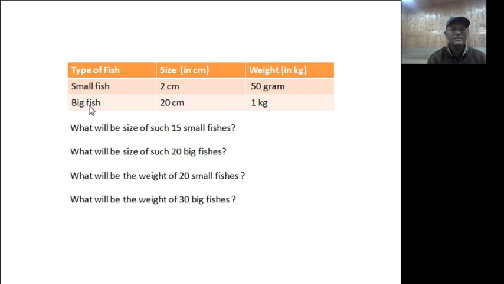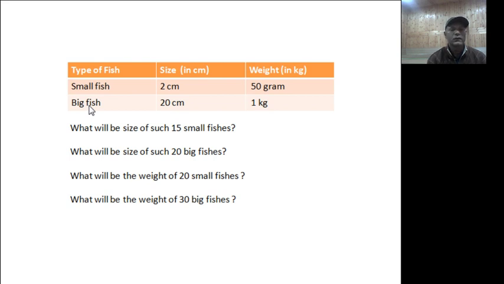What will be the size of such 20 big fishes? 20 big fishes multiplied by 20 gives 400 centimeter or 4 meter. What will be the weight of 20 small fishes? The weight of one small fish is 50 gram.